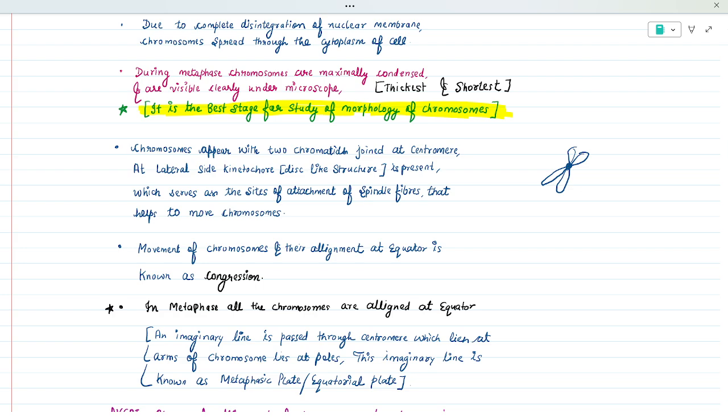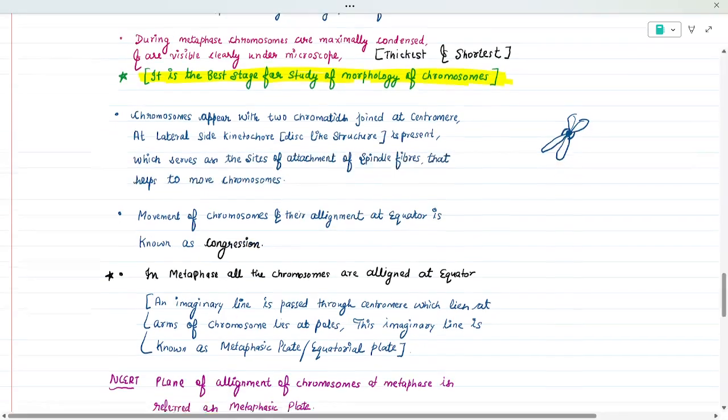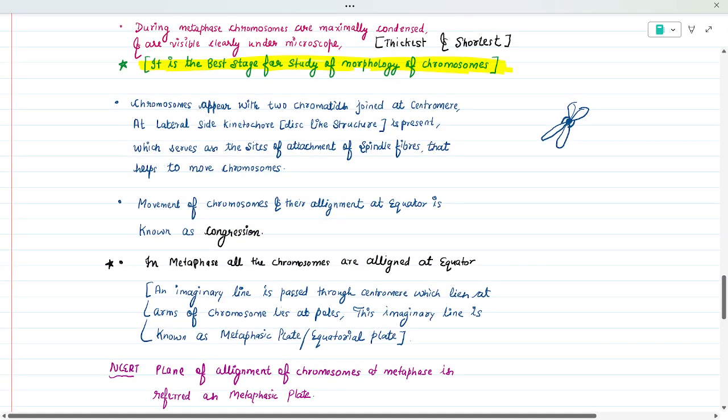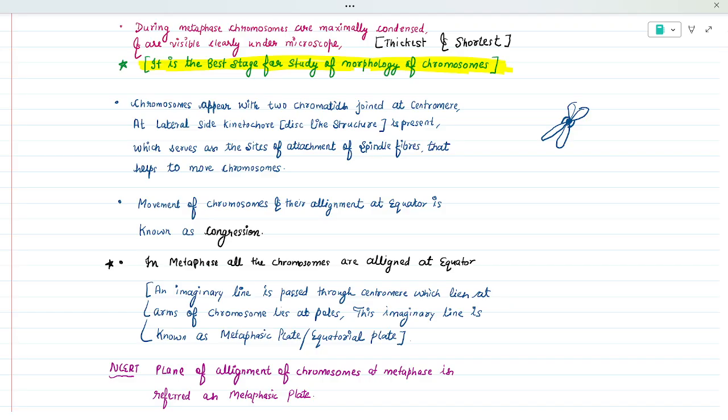This point is the centromere where two sister chromatids are joined, and lateral to this are the kinetochores, which are the disc-like structures. So here I have written this: chromosomes appear with two sister chromatids joined at centromere. At lateral sites, kinetochores, which are the disc-like structures, are present, and these are the sites of attachment of spindle fibers.